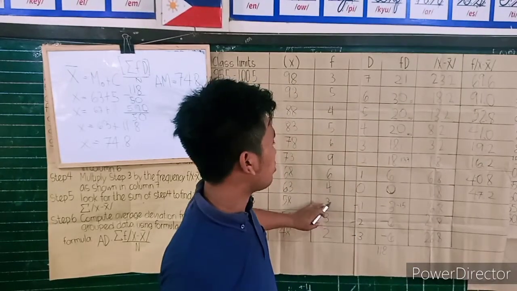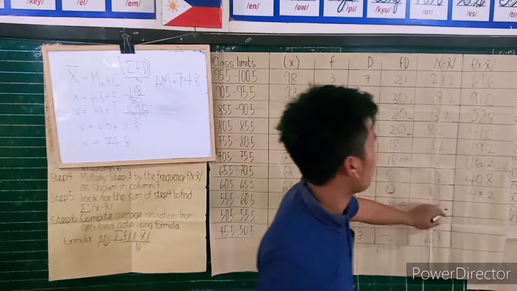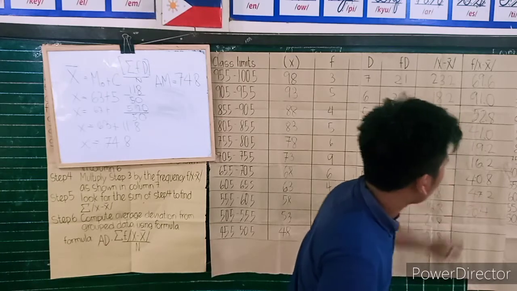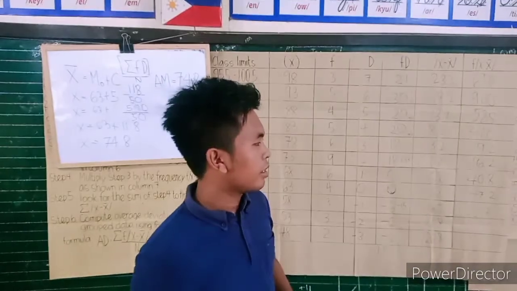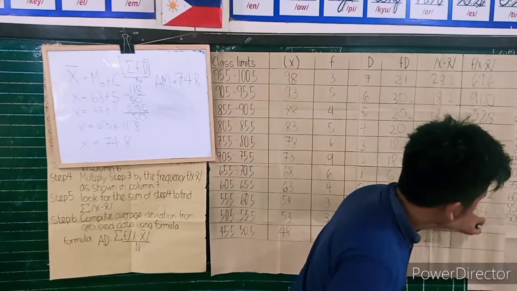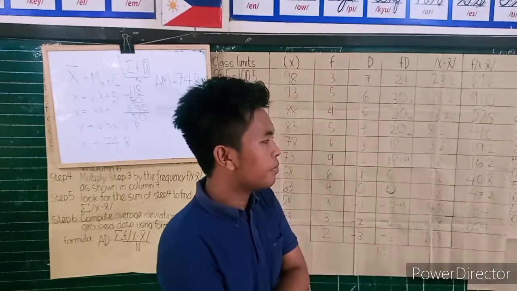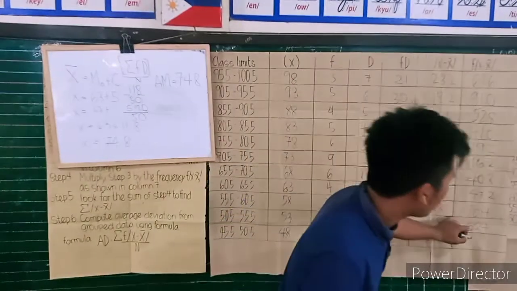So frequency 3 times 16.8. We have 50.4. 3 times 21.8. We have 65.4. 2 times 26.8, we have 53.6.